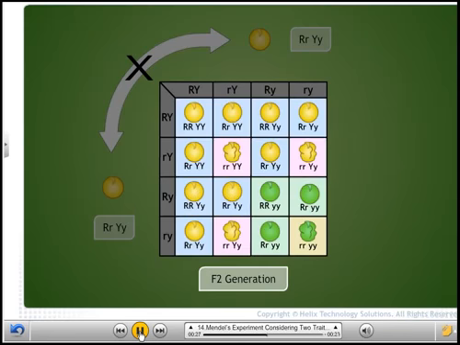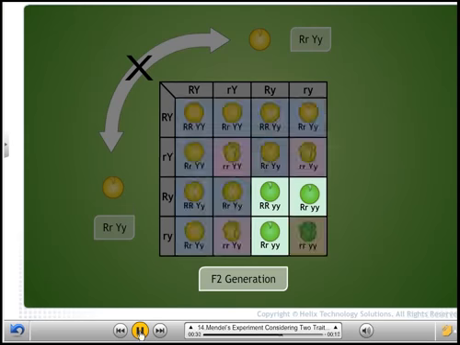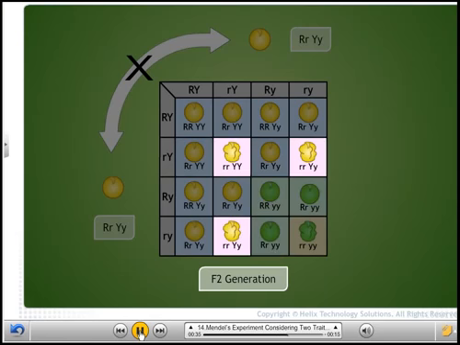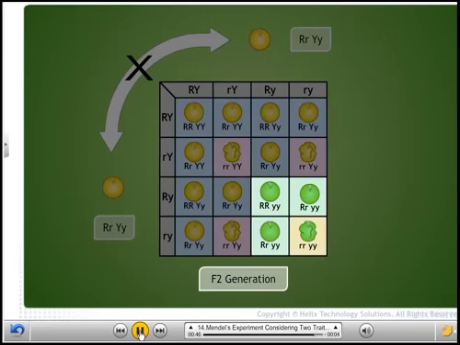However, some plants of the F2 progeny even showed new combinations like round green and wrinkled yellow seeds. Therefore, it can be safely concluded that the round or wrinkled trait and the yellow or green colored traits are independently inherited.